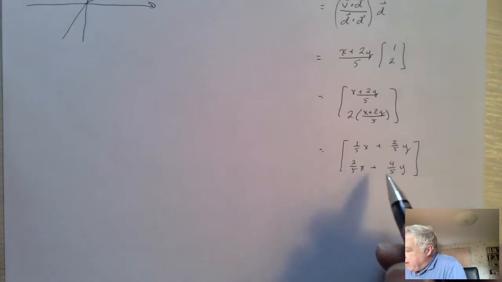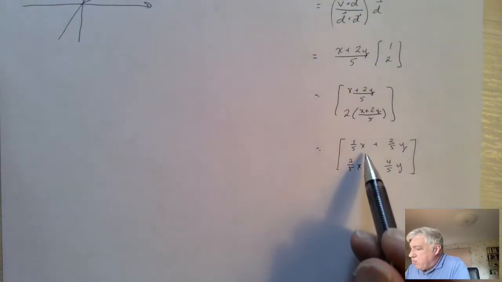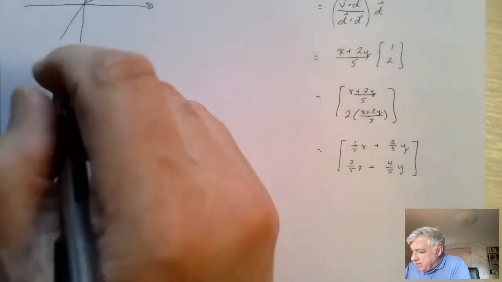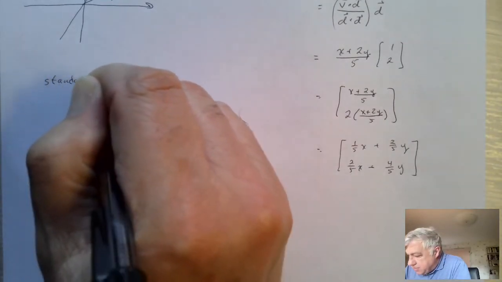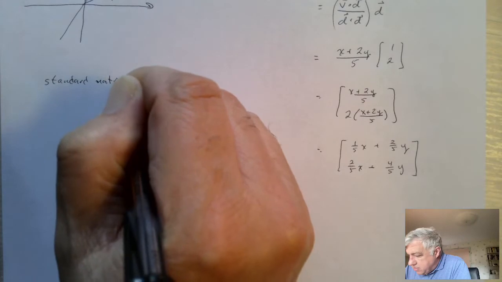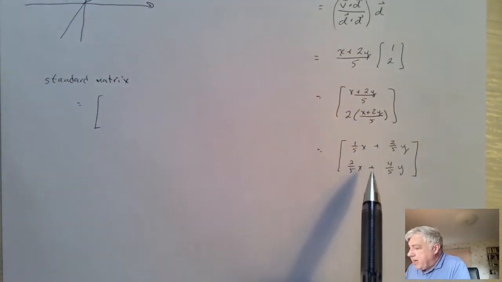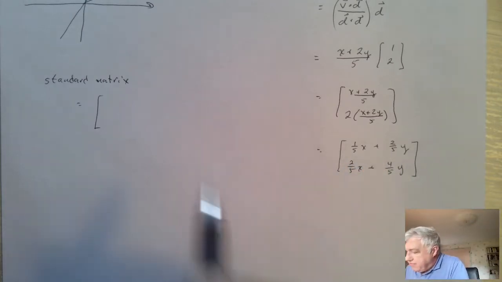And in fact, I think we can see what the standard matrix will be. Just plug in x equals 1, y equals 0, and you get 1/5, 2/5.